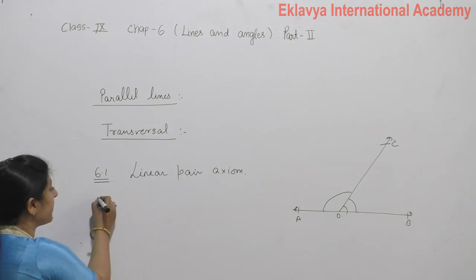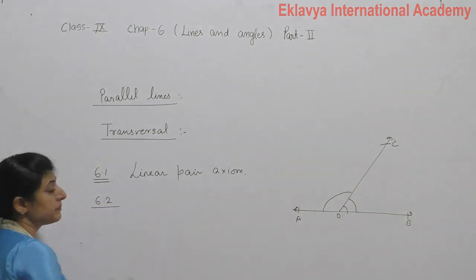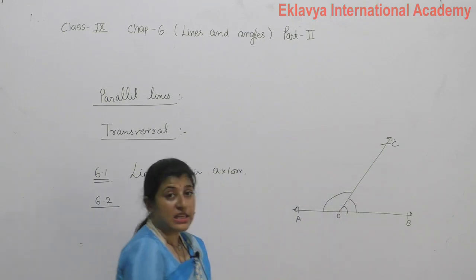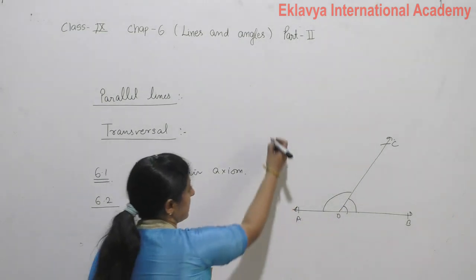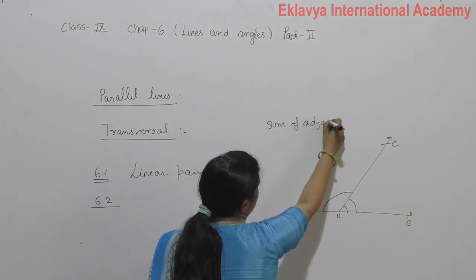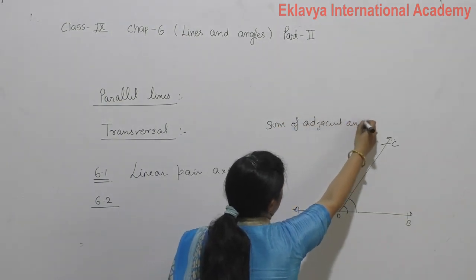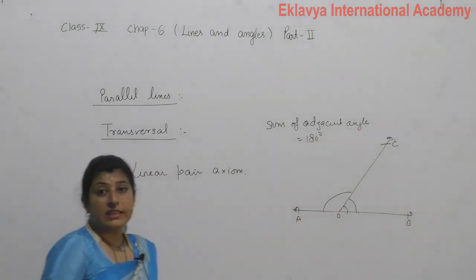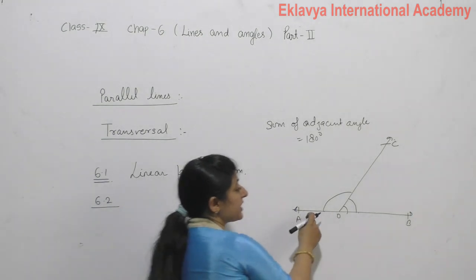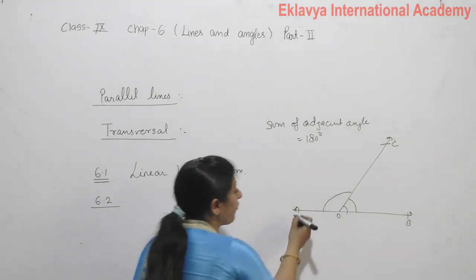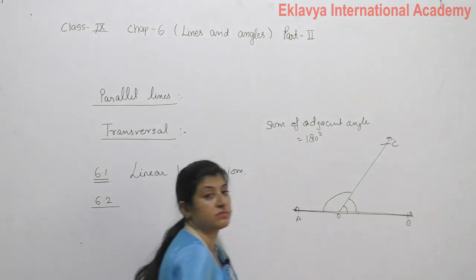What is the converse of the linear pair axiom? When the sum of two adjacent angles is equal to 180 degrees, then their opposite arms, or non-common arms, form a line.